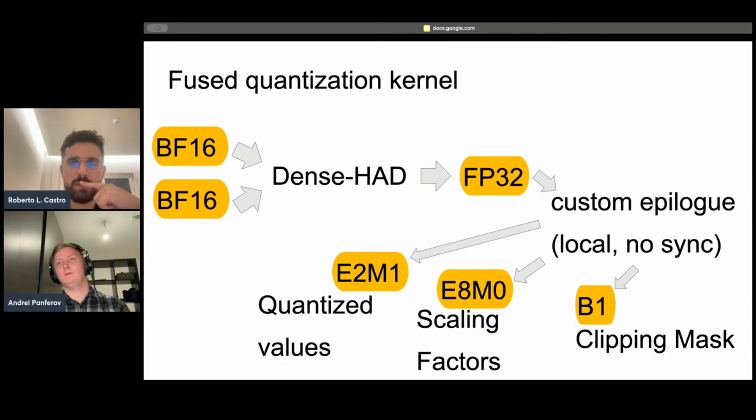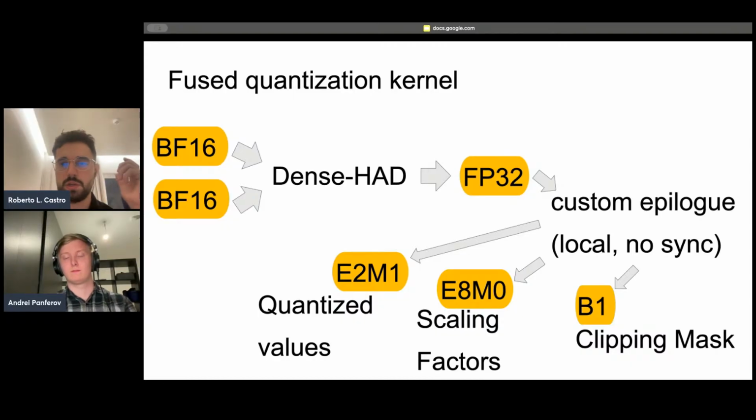And one very important piece of information over here is that this custom epilogue is almost for free, because it happens locally. We don't need synchronizations here because each thread is going to contain all the information needed, because we work with these groups of 32 elements, right?